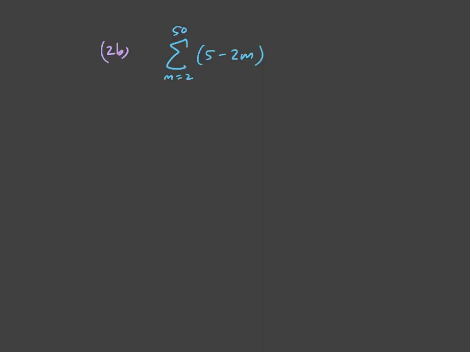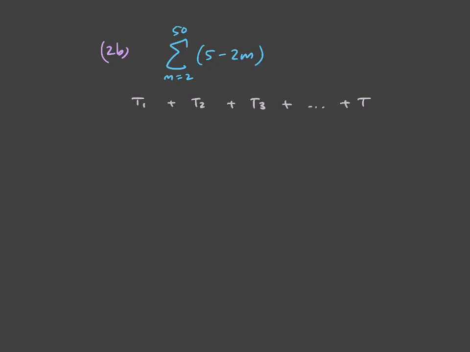Okay, let's look at question 2b. So we're going to work out the values of the first 3 terms again, and so on, and then we also know that's going to be the last term, right?